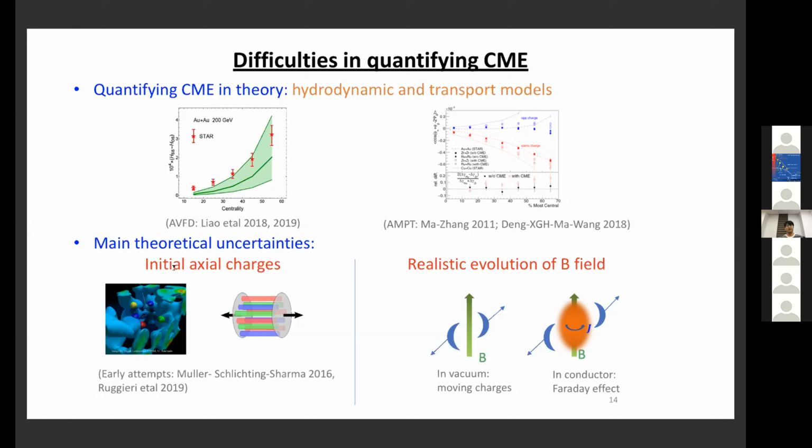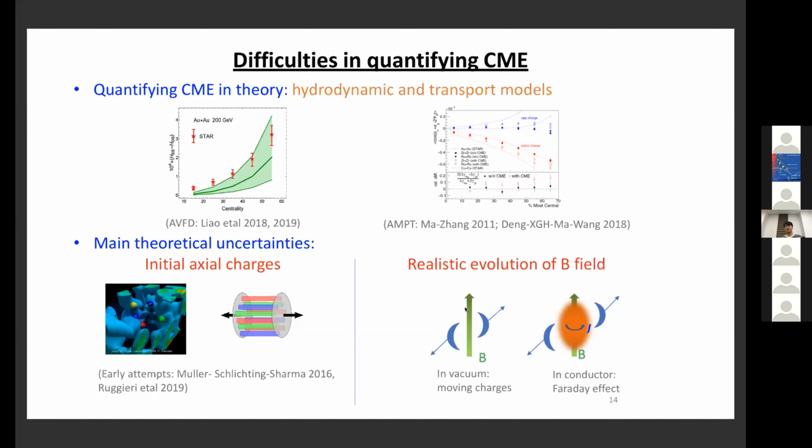But anyway, this is one big uncertainty for the theoretical calculation of the CME evolution in the heavy-ion collision. Another big uncertainty is the realistic evolution of the B field. So far, most of the calculations of the B field are for the case of a vacuum motion of the charges. Namely, the magnetic field is induced by the moving spectators, and when the spectators leave the colliding region, the magnetic field will drop.